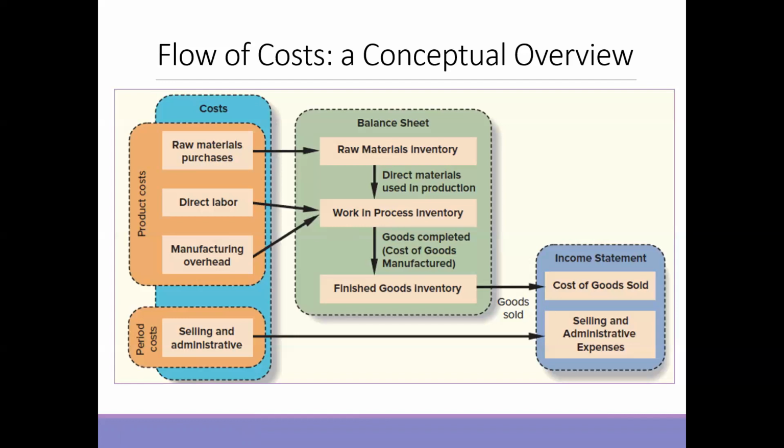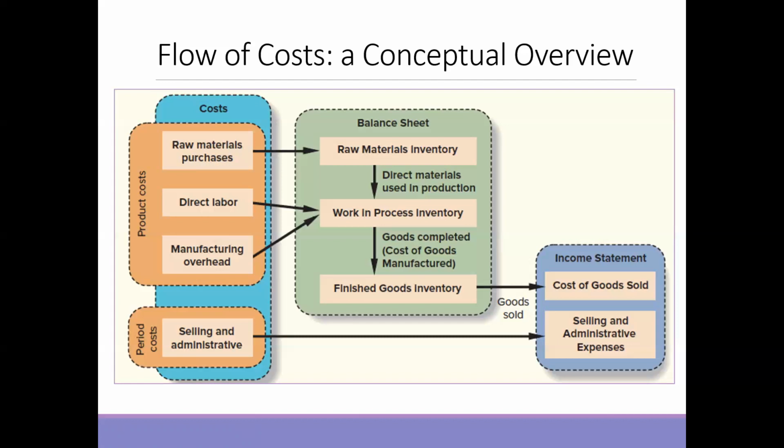The work in process area is when materials get taken out of the raw material inventory to start making a product. So that work in process will include, of course, raw materials, plus it will always include direct labor and manufacturing overhead. It stays there in work in process until it is completed.